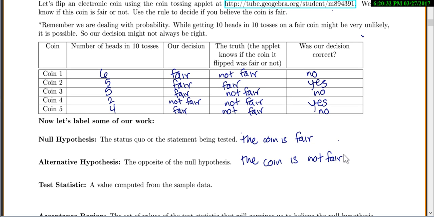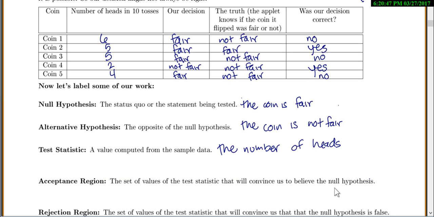Then you'll always have some kind of test statistic. This is a number or a value computed from your sample data. In our case, we looked at the number of heads. And you'll have an acceptance region, which is the set of values of the test statistic that convinces us to believe the null hypothesis.